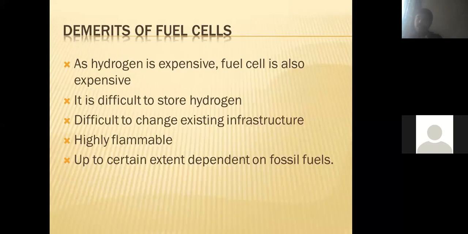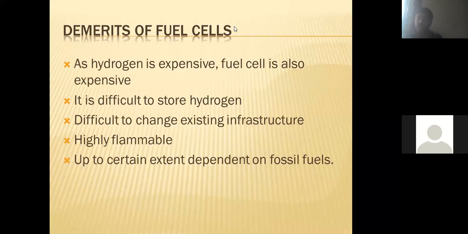After the production of the hydrogen, maybe the production cost of the hydrogen is small, but storing the hydrogen itself is going to cost too much. That's why fuel cells are going to be expensive. Fuel cells are more expensive because hydrogen cost is more. That's why we say that fuel cell cost is also going to be more, right?